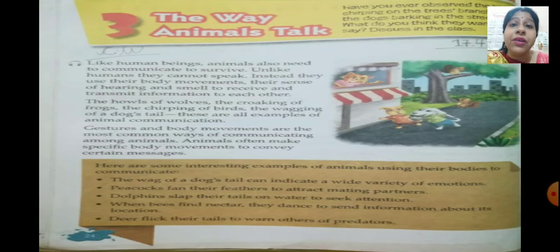When the dolphin wants attention, it slaps its tail on water. Next, when bees find nectar, nectar means honey, they dance to send information about the location of food. So they try to inform the other honeybees about the location of food.